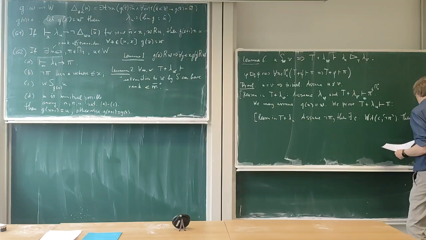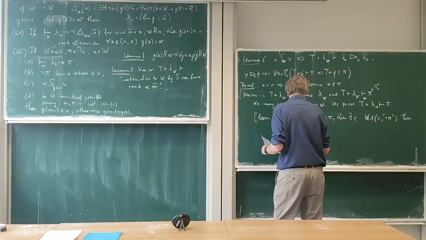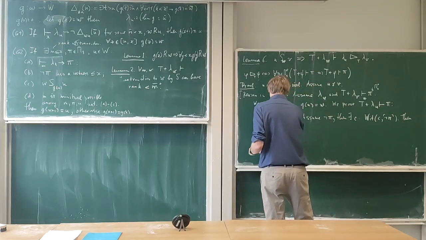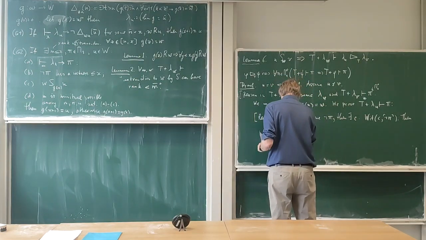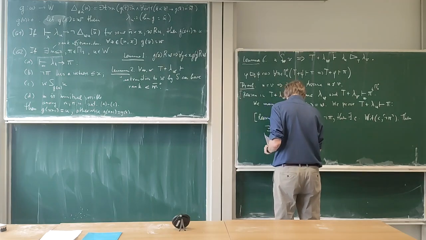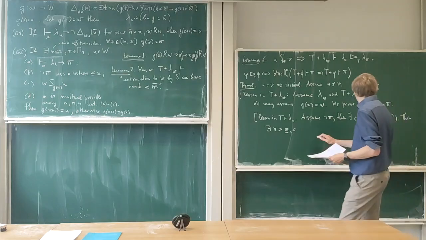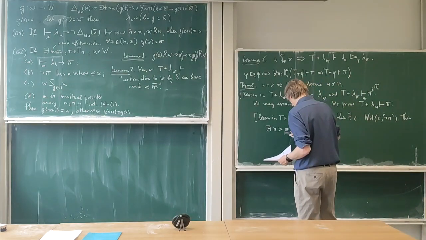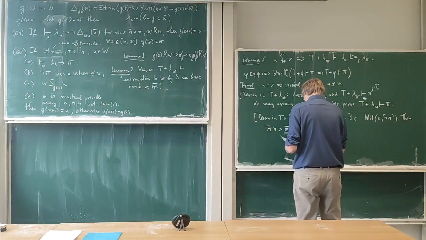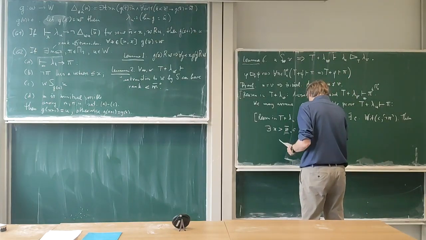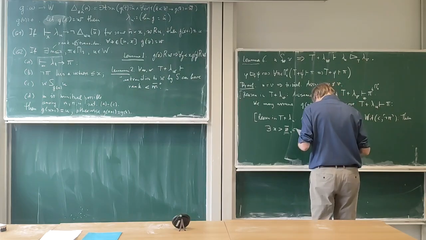Then there is X bigger than Z and C such that G of X equals G of X plus 1.